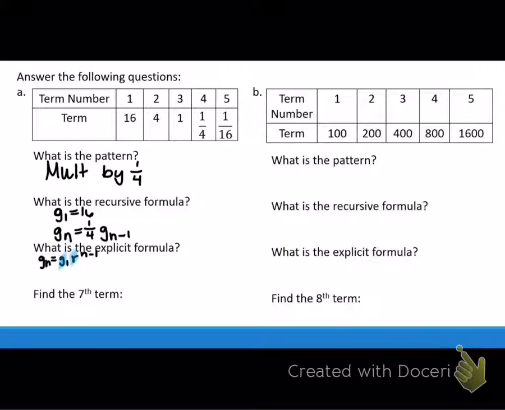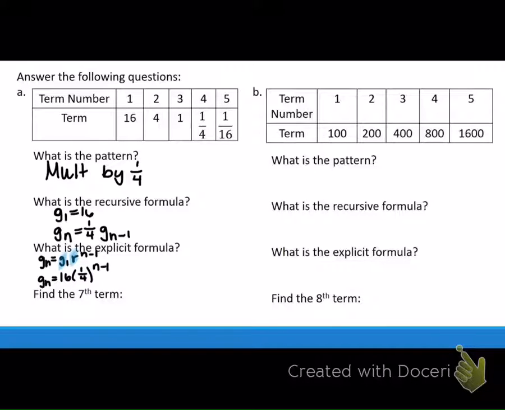So 16. Well, tell me, read it off. So start with G of n equals 16 times 1/4 to the, no? And what? You replace this, what's left? And then 4. Good.